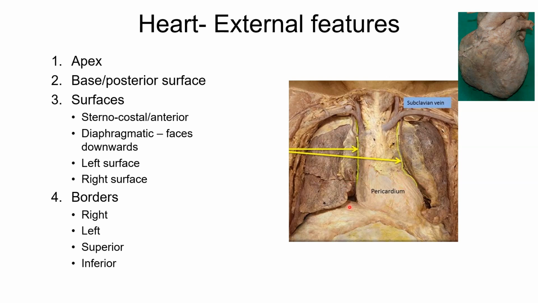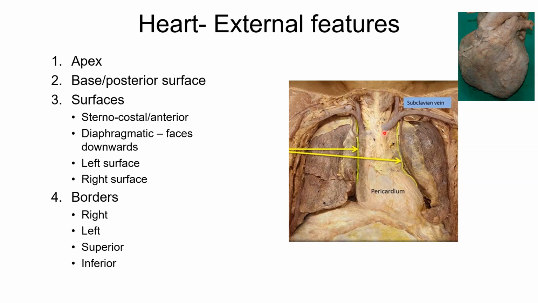Coming to the borders, there is the right border, the left border, the inferior border, and the superior border is covered by the great vessels that are coming out or entering the heart.